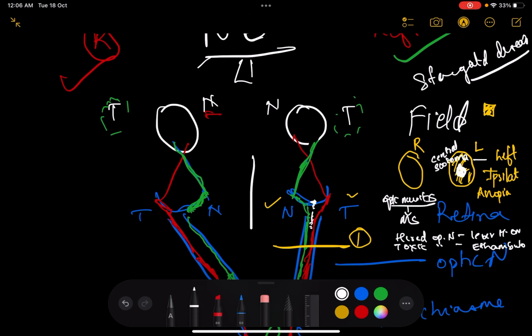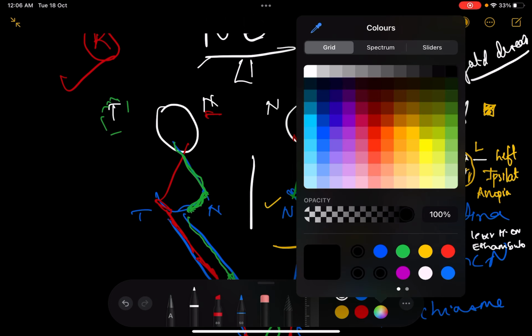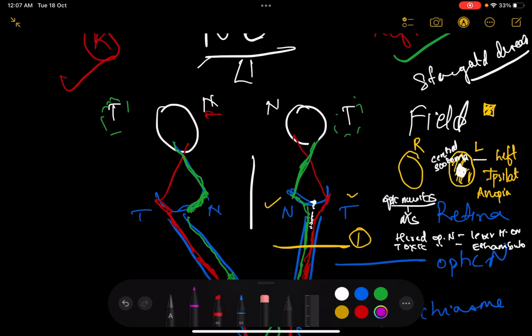Okay. So, let me make the pupillary fibers that carry the entire pupillary light reflex pathway. Let me make that pathway in the purple color.